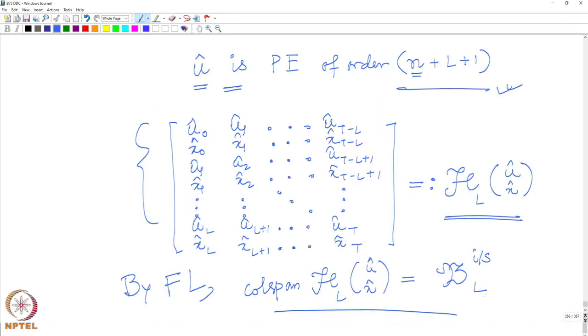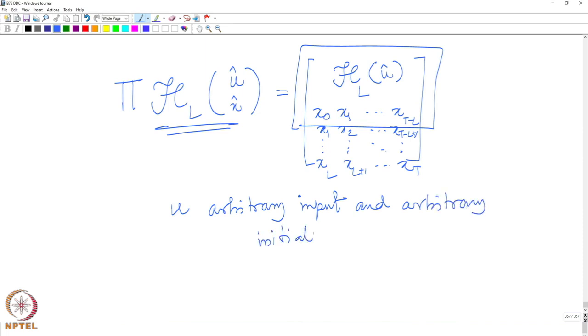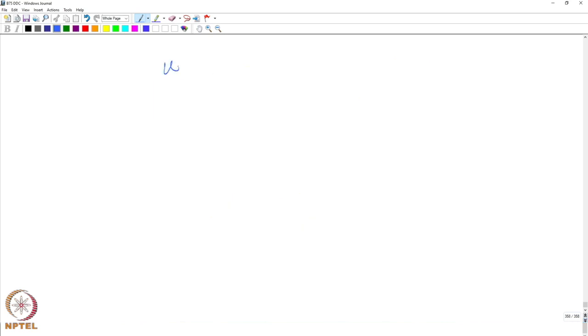Because of this property, for an arbitrary input u and an arbitrary initial condition x_0, look at this vector u_0, u_1, up to u_L and x_0. This can be an arbitrary vector.